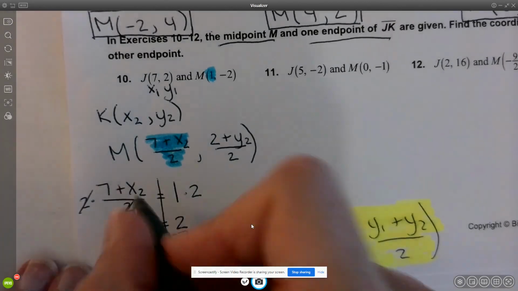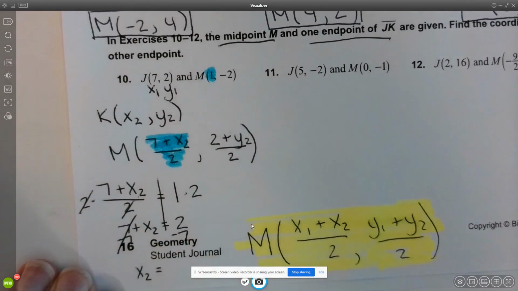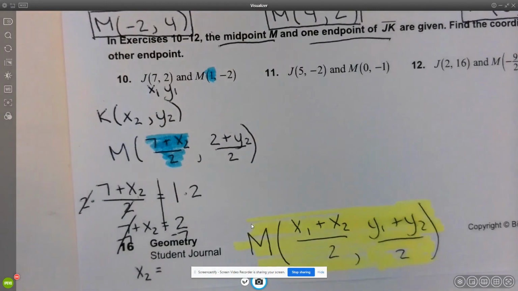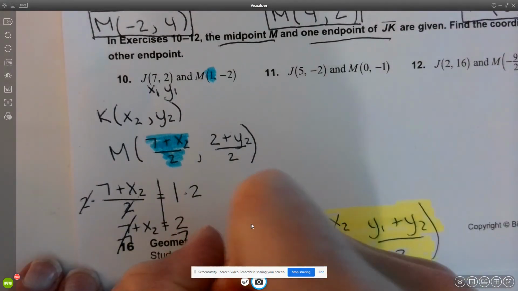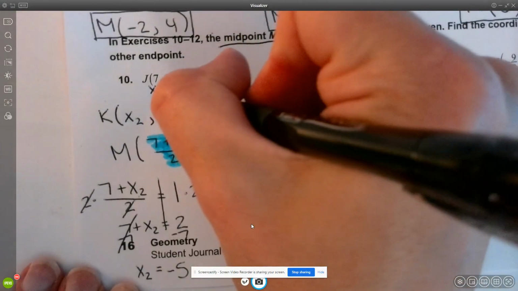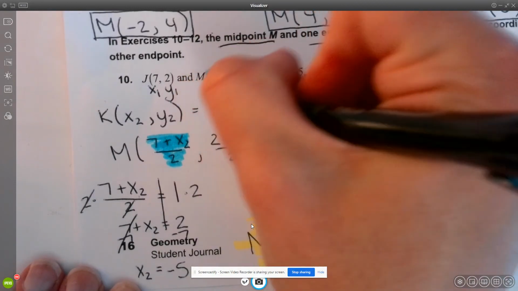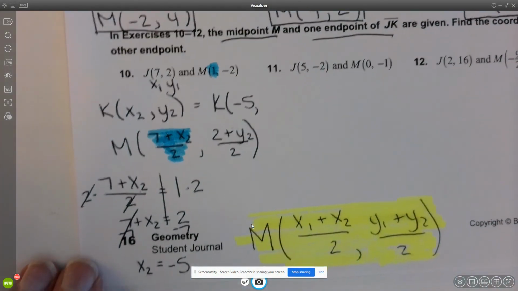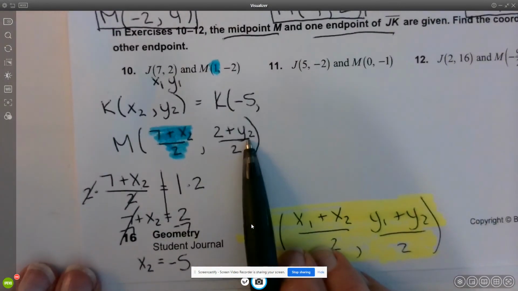And so x2, the x coordinate of my endpoint K, has to be equal to negative 5. So I'm going to go ahead and put negative 5 there.